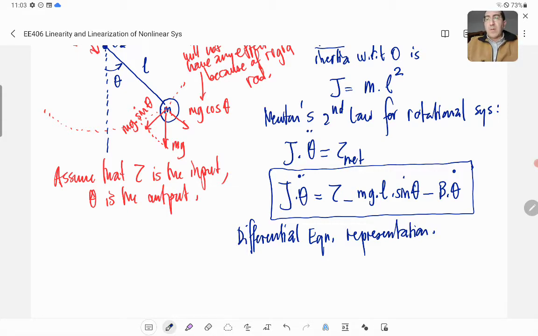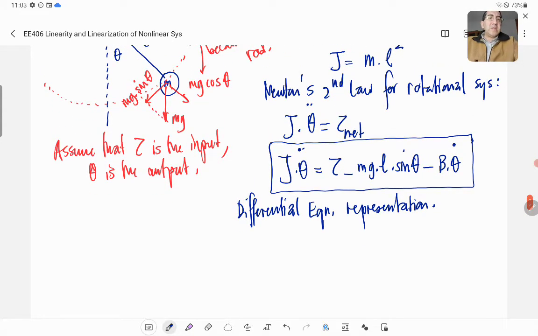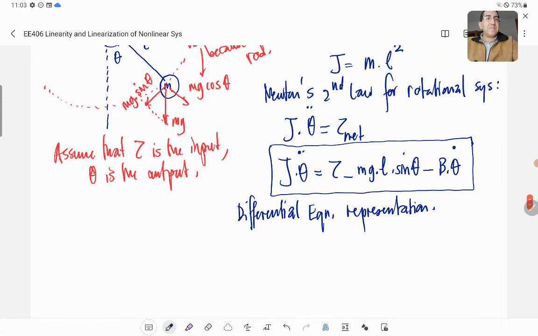Now I want to move on to a state space representation. So what I will try to do is to define my states. For a mechanical system, typical state choices are the position and velocity variables. If it's a translational system, it's the linear position and linear velocity. If it's a rotational system, it's the angular position, which is the angle, and also the angular velocity.